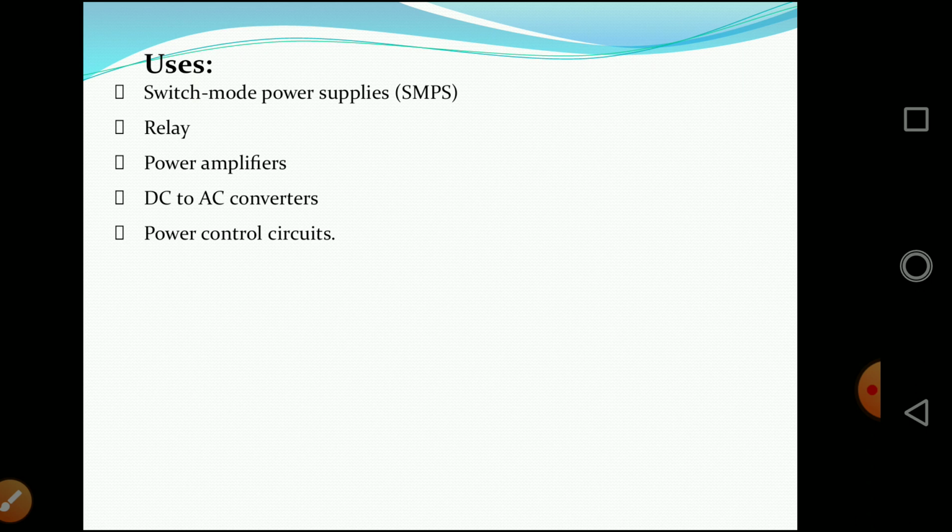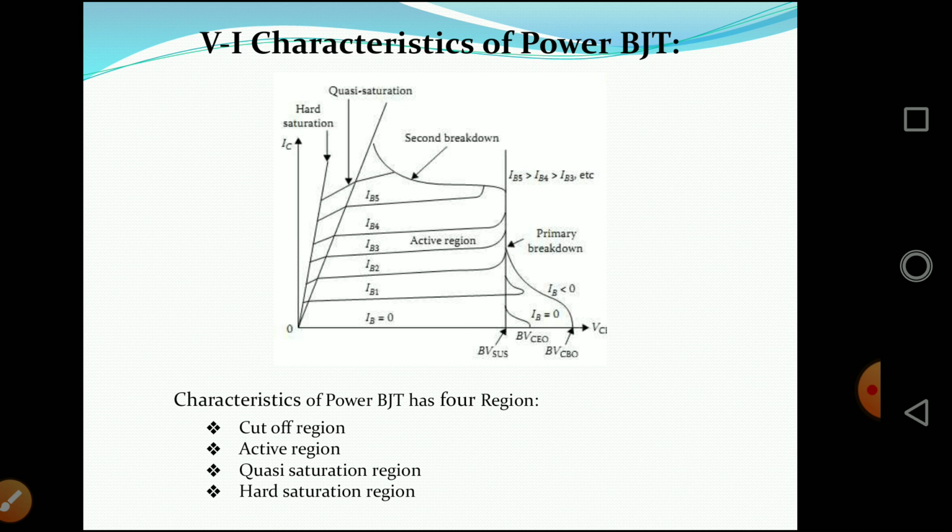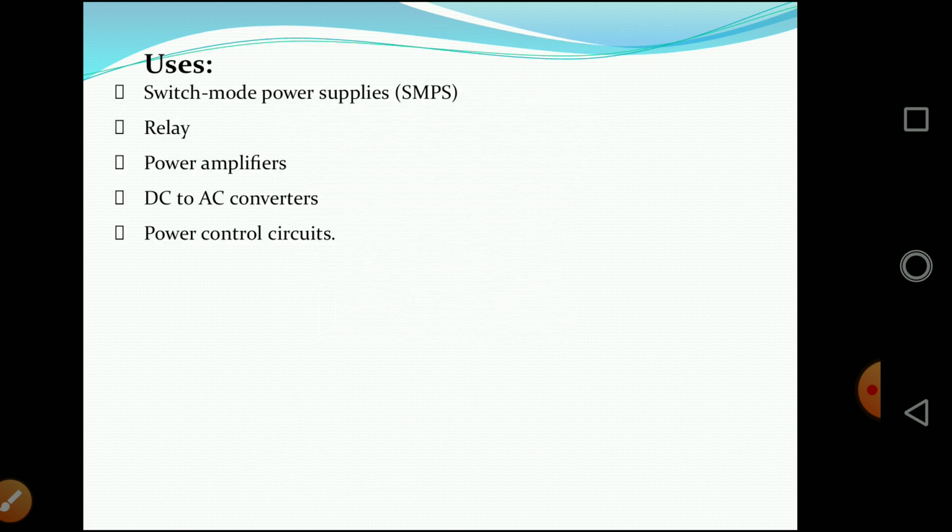Next are the applications of the power transistor. The basic applications are SMPS, that is, switch mode power supplies, relays, and power amplifiers. I have already told you, when the power BJT operates in the active region, its application is as a power amplifier. Next, the power control circuits.